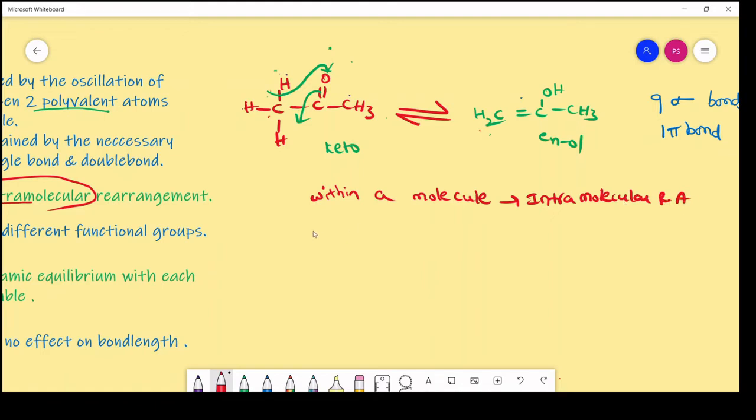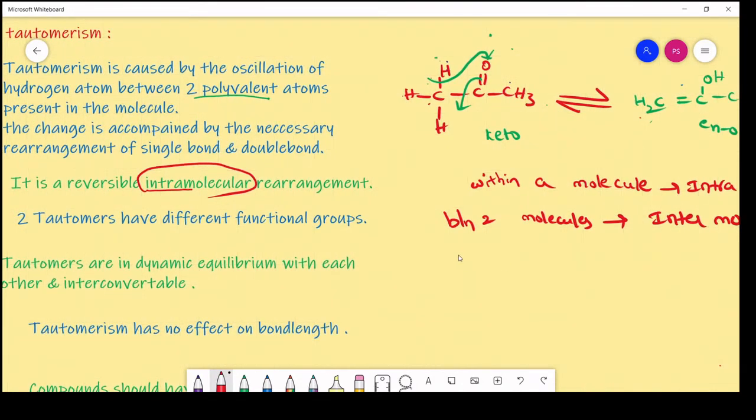If rearrangement takes place between two molecules, we call it an intermolecular rearrangement. So in tautomerism, rearrangement takes place within a molecule. That means in the same molecule rearrangement is taking place. That's why we call it an intramolecular rearrangement.